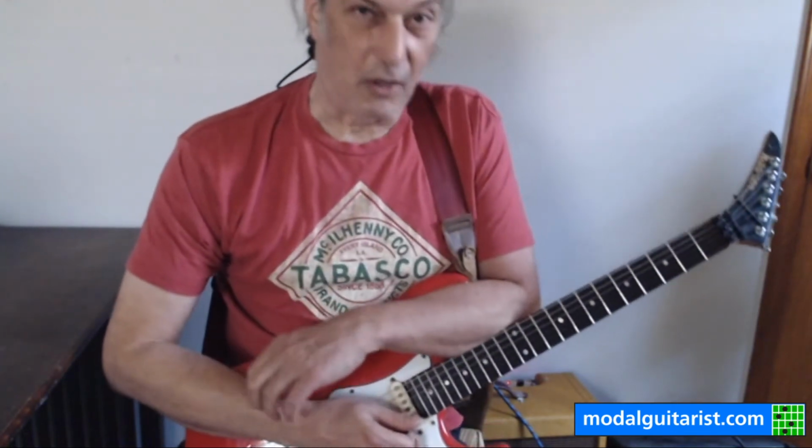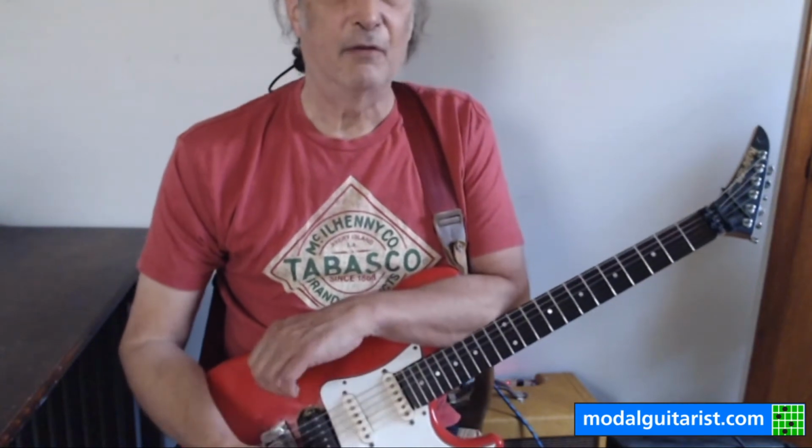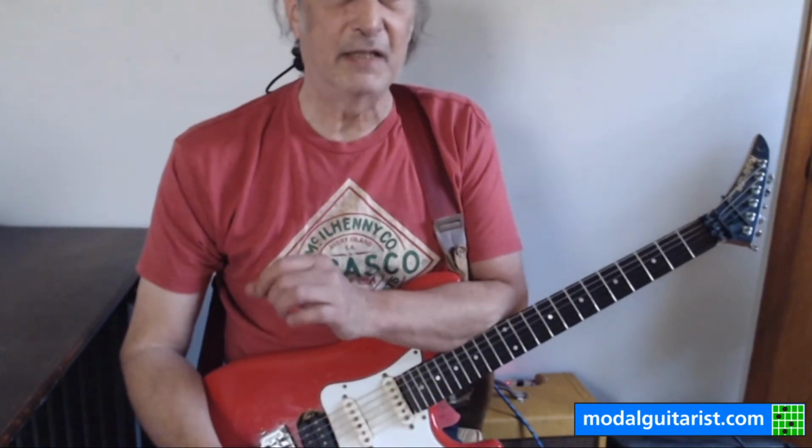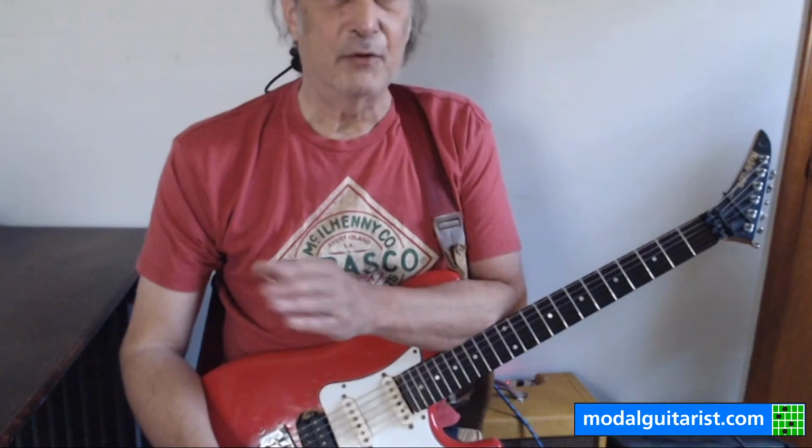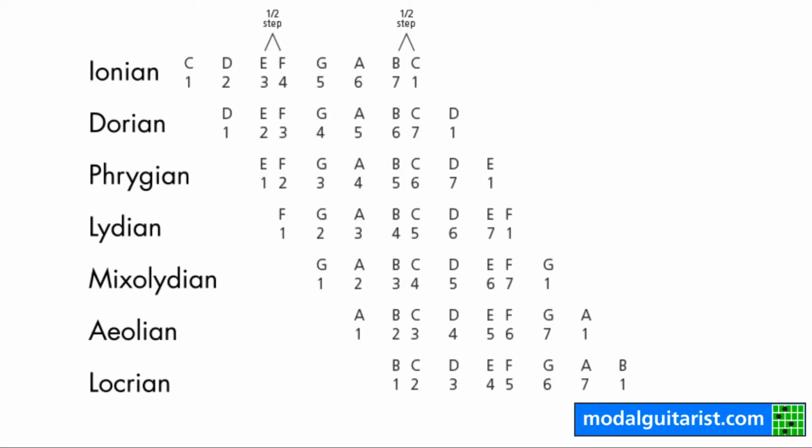Now let's look at a chart where I've written out all of the 7 modes in the key of C, and you can see both the intervals, the distances between them, how they change, and the names.